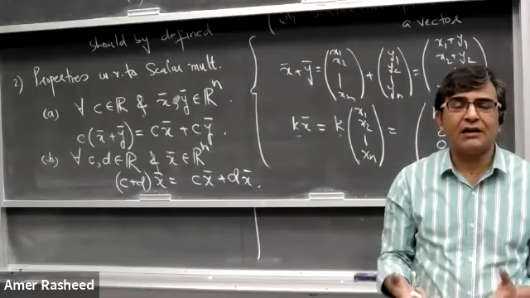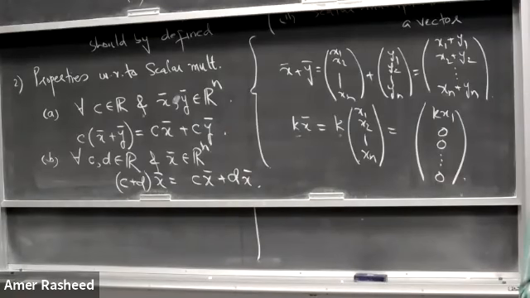Like I just said, sir, how can it be that if we multiply k with x1 it becomes kx1, but if we multiply k with x2 it becomes 0? Why do we have zeros in the resultant vector? No, it depends on the application. How do you define the definition of a scalar multiplication?